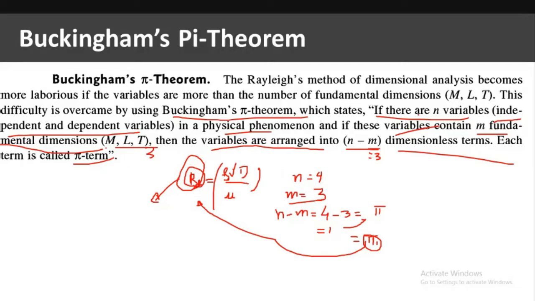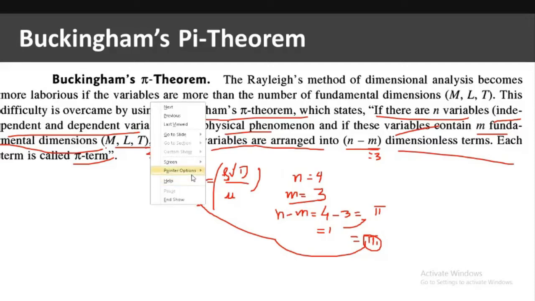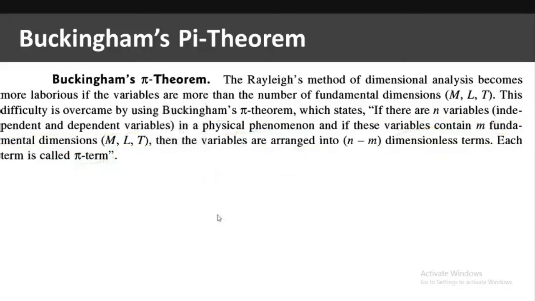Again, we will see what the statement is. If there are n variables and out of those n variables there are m fundamental properties, then the variables can be arranged into n minus m number of dimensionless numbers called pi terms. We will see the entire procedure of this theorem.